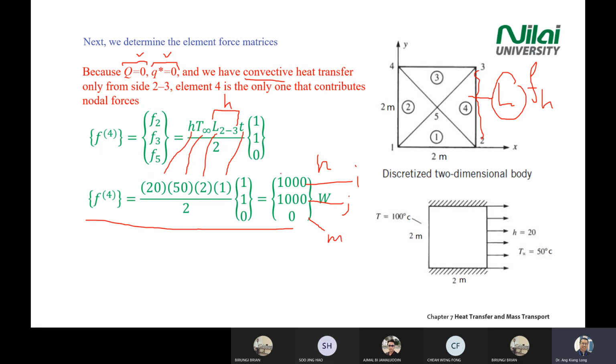However, this is element 4. Element 4 point I is number 2. Point J for element 4 is number 3. Point M for element 4 is number 5. What does it mean? It means convection forces at point 3 is 1000 watt.